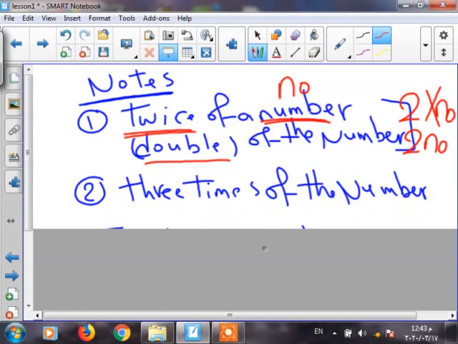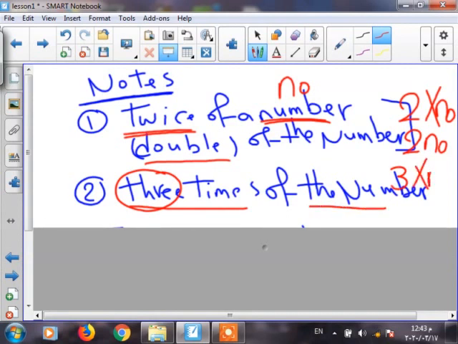The next one, 3 times of the number. What is the meaning of 3 times? I need 3 times a number. So I have 3 times the number, it will be 3 number. Okay?